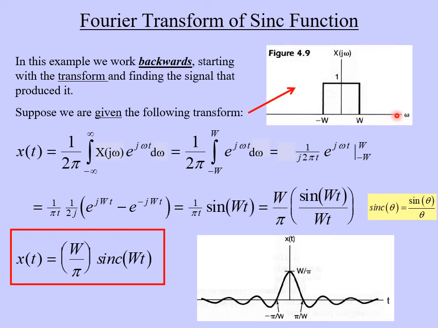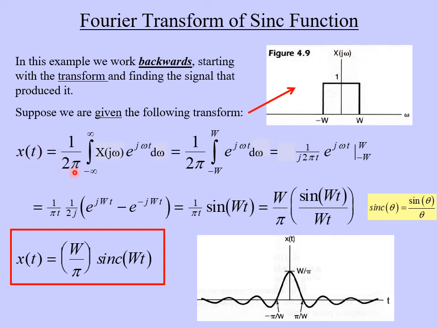This is in frequency. So this is what we call a band-limited signal, basically. The frequencies of this signal only go from negative W to positive W, where again, W here is the half width in frequency. So what we're going to do is not find the Fourier transform, because this is the Fourier transform. We're going to find the signal.